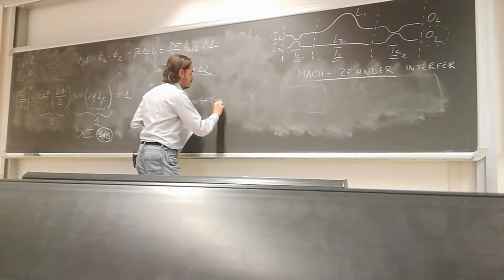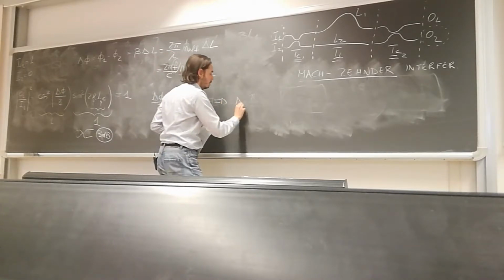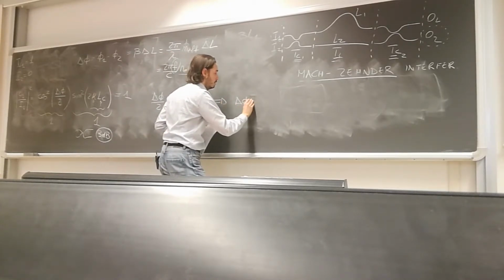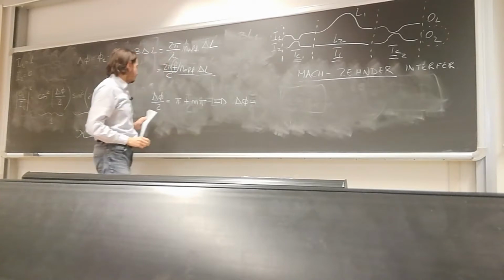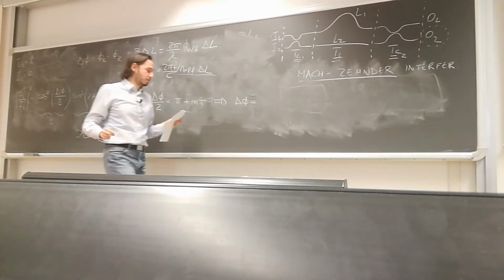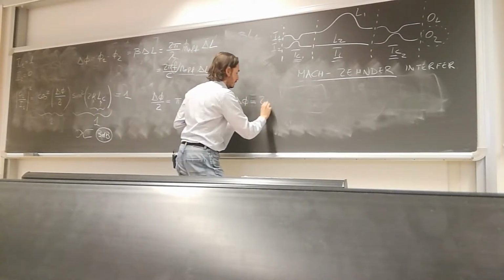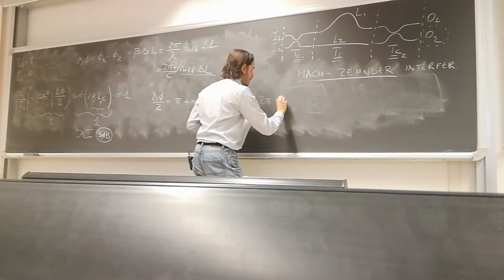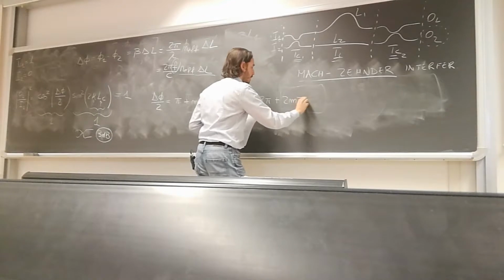Okay, that means that the phase difference, here there is a 2, that is not an option, because delta phi is 2 pi plus 2 m pi.